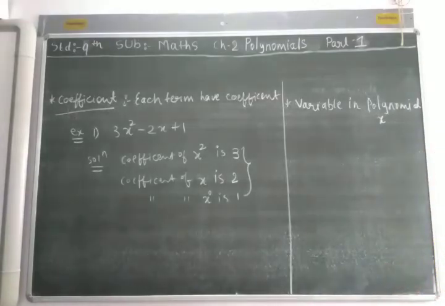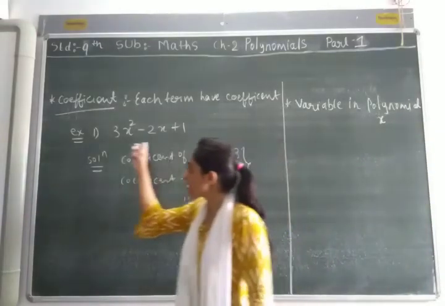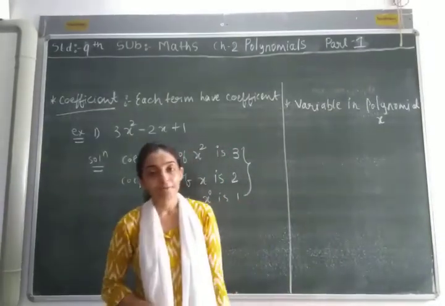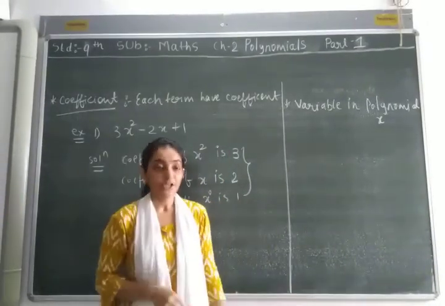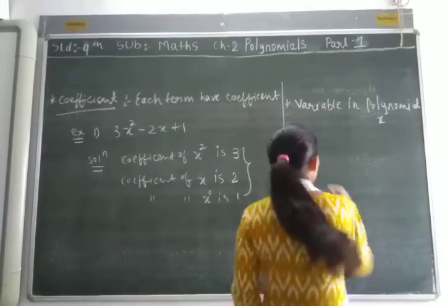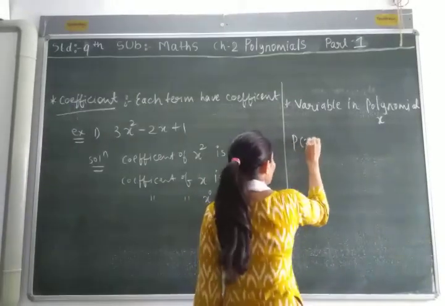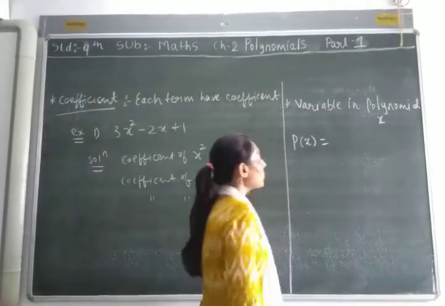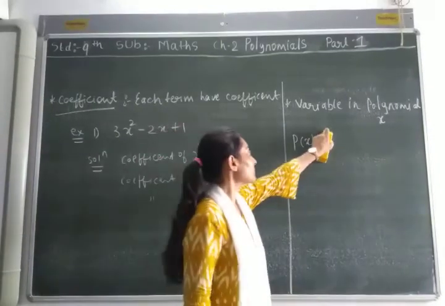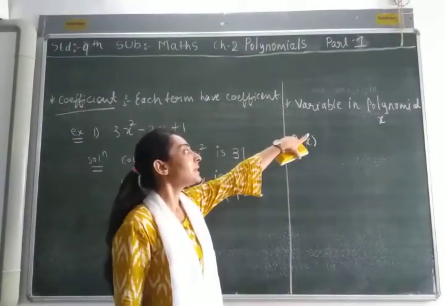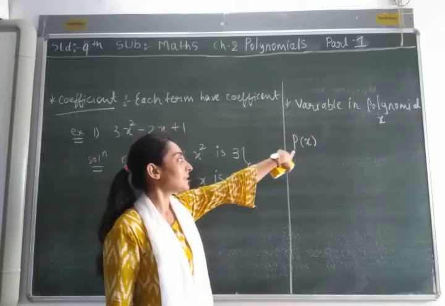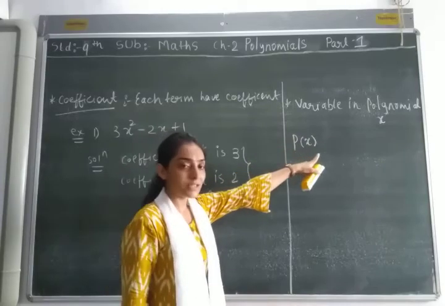It means my whole expression contains only one variable, which is x. So we denote it with p of x. Okay, p of x. So the variable in the polynomial is x, then we denote it p of x.